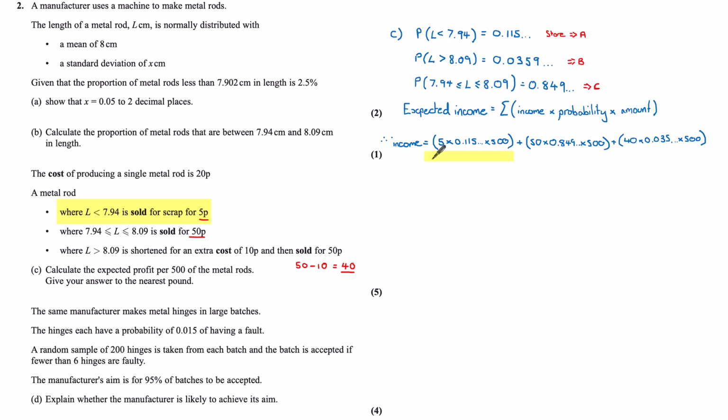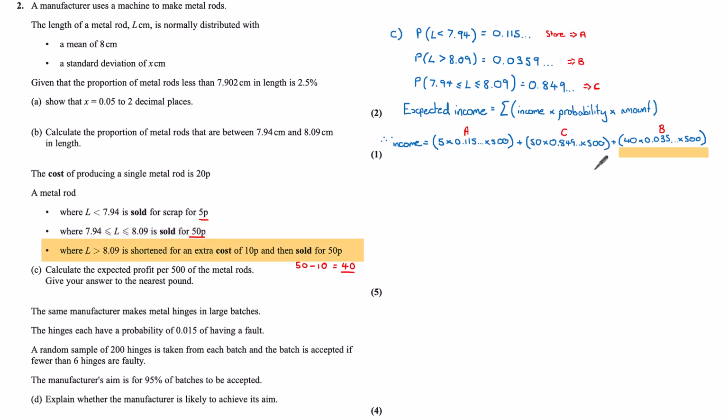5p income from those less than, which is estimated to be 0.115 times 500. For those in between, we have our 50p times the probability it has a length between 7.94 and 8.09 times the amount, which is 500.